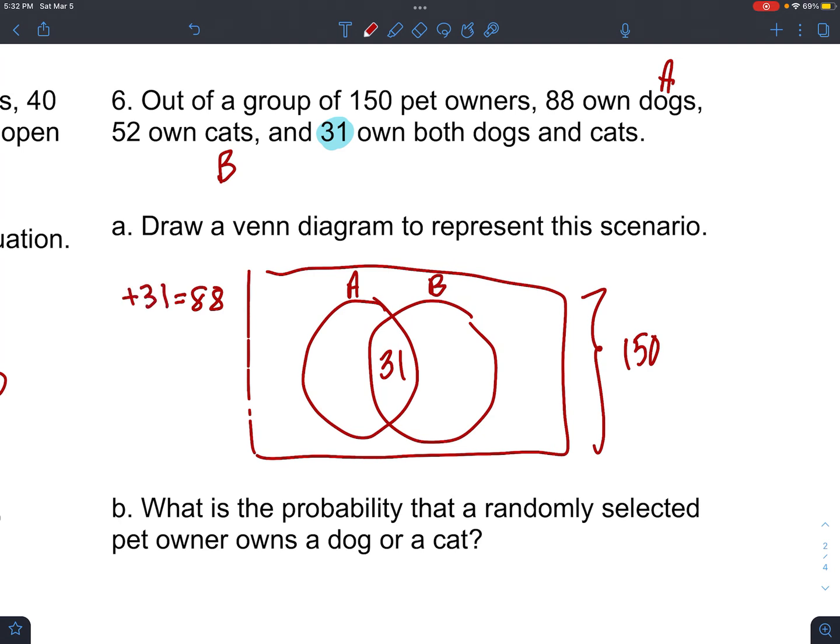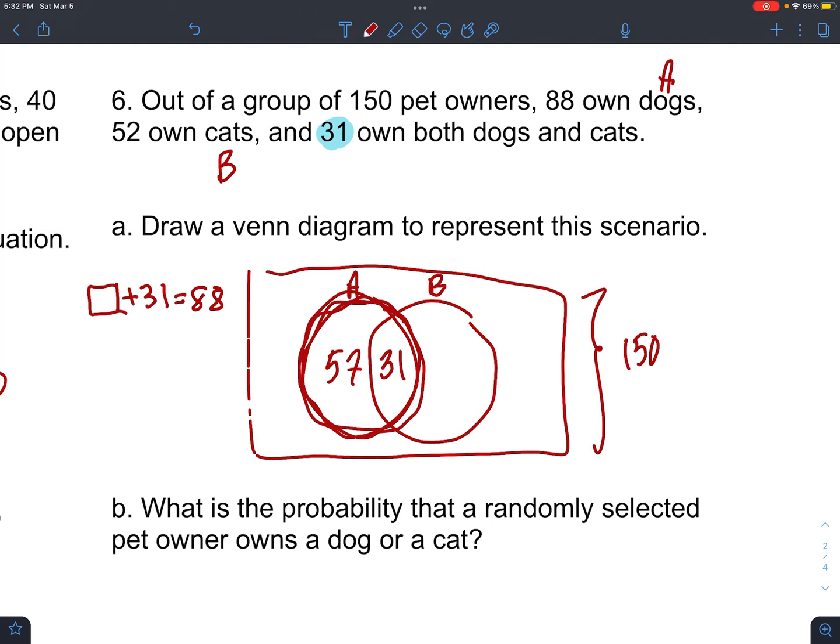So it's going to be something, so inside of this bubble, whatever's here, you need to add it to 31 to get 88. So 57. Okay, so you don't just slap 88 in there, because A is inside the whole thing and it contains two parts.